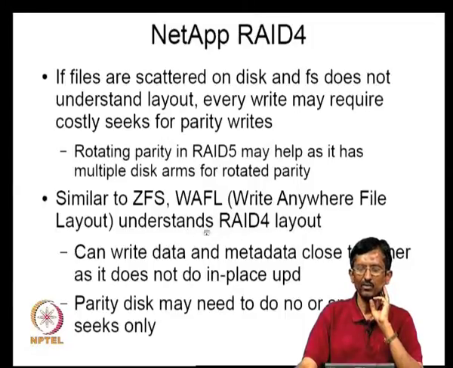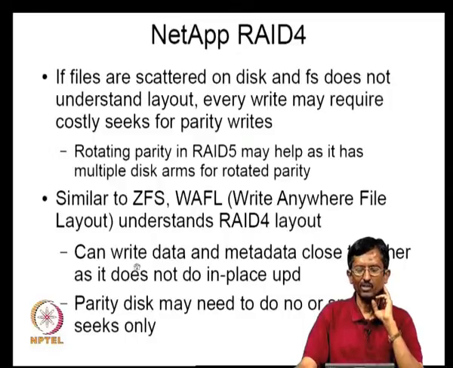So because of the write anywhere aspect, it turns out that the seeks on the RAID4, what we thought was the problem with the RAID4, is not there in the case of RAID4, and that's why they are able to use RAID4.